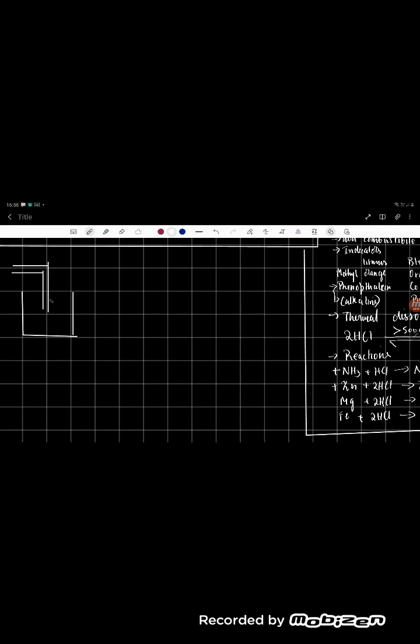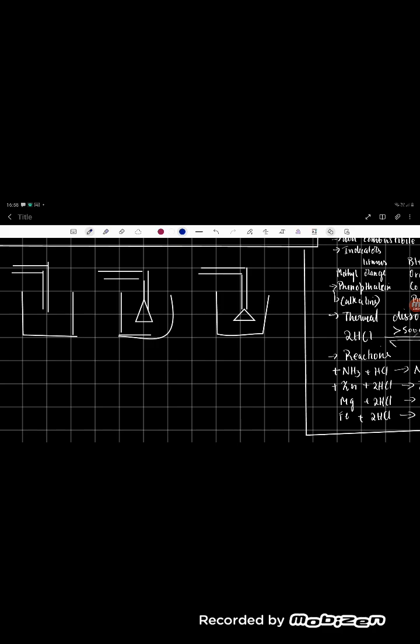Since HCl is soluble in water, let me do two cases here. So this is the final arrangement.